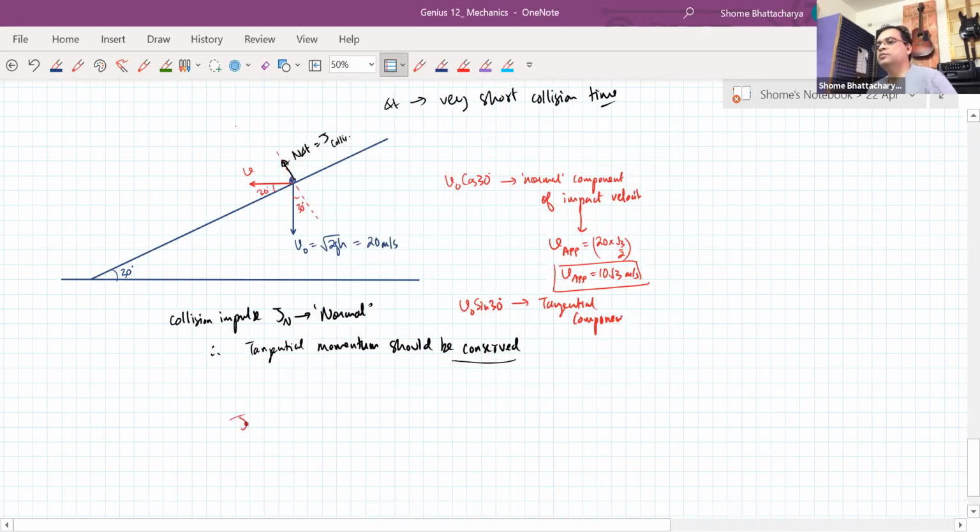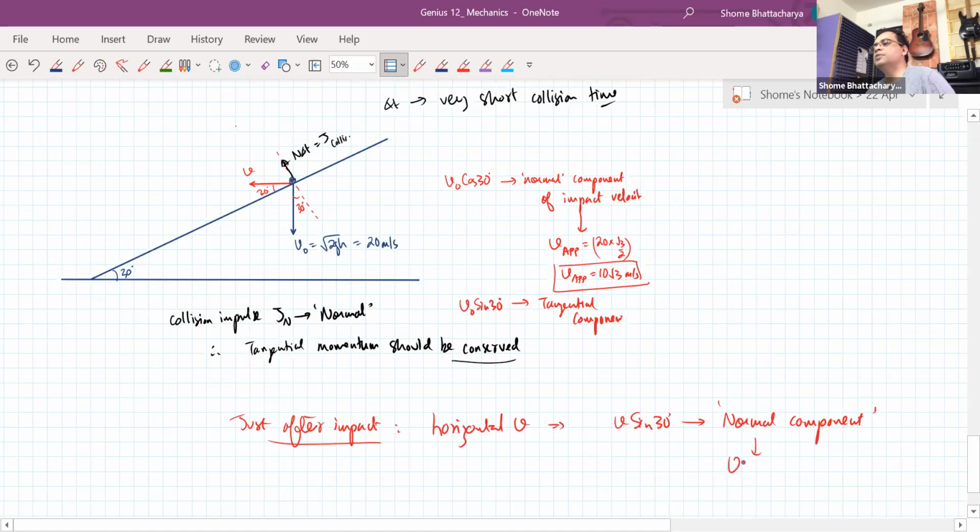So just after impact, it has a horizontal velocity. That implies that v sine 30 is basically the normal component. And the normal component is nothing but the separation velocity. So the separation velocity is equal to v sine 30, or v/2.